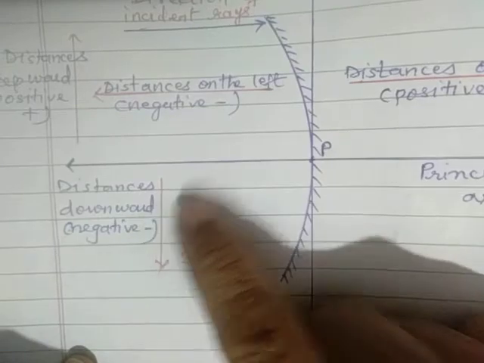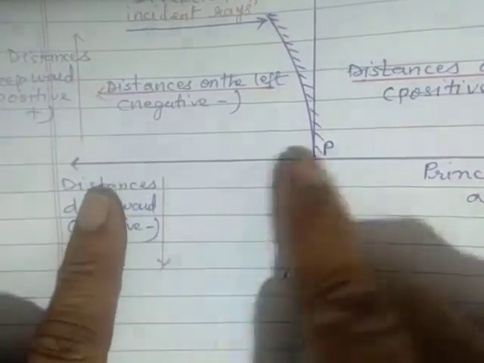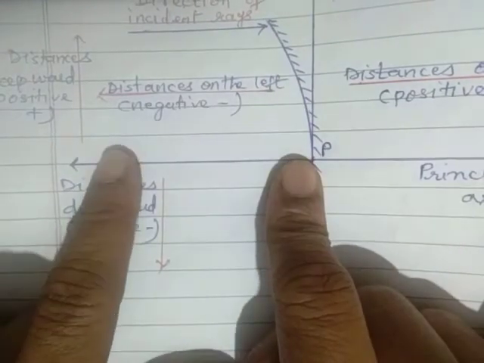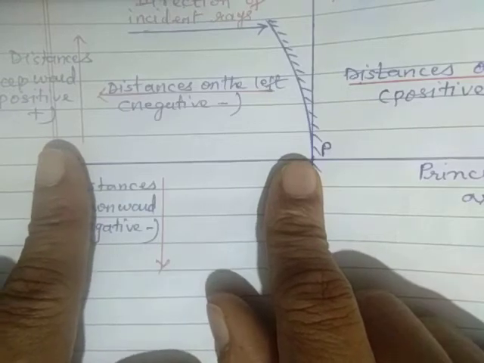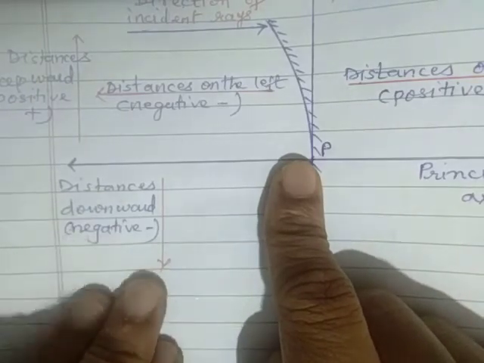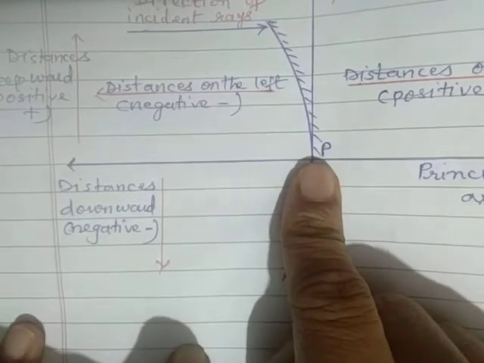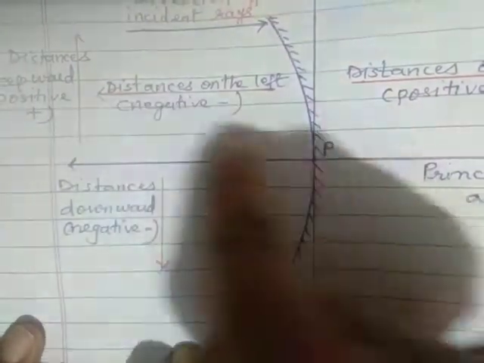Now remember that the object is always kept on the left hand side of the mirror. Now suppose this is your concave mirror. The object is always kept on the left hand side of the mirror, and all the distances parallel to the principal axis are measured from the pole. Okay, all the distances which are parallel to the principal axis.